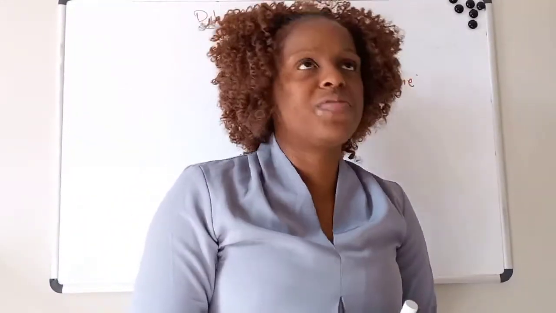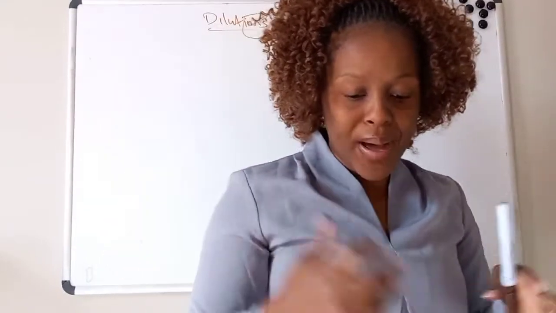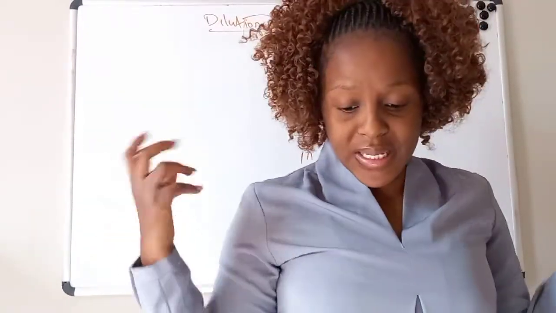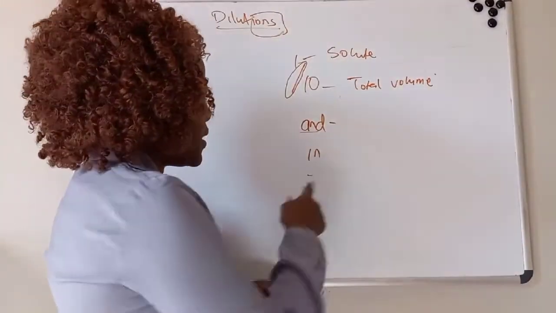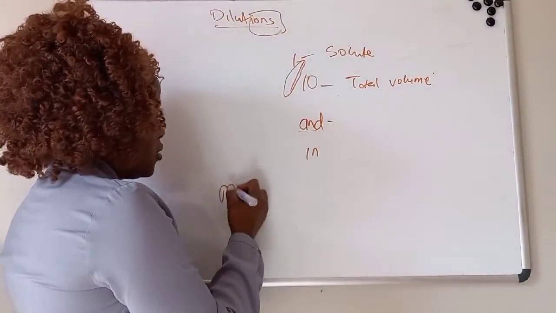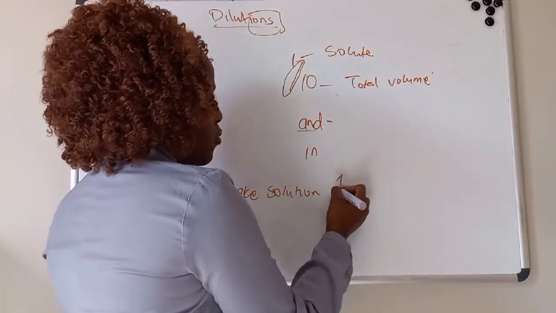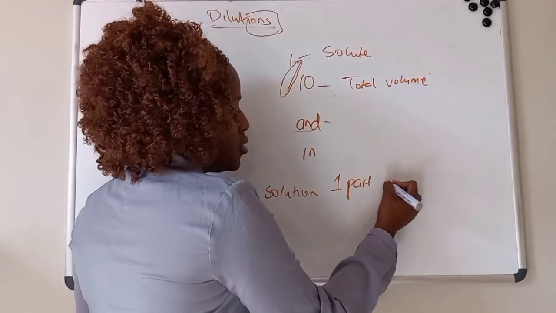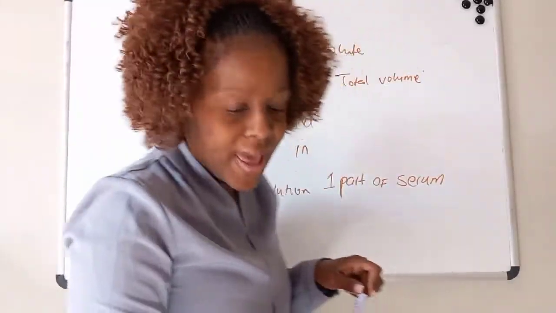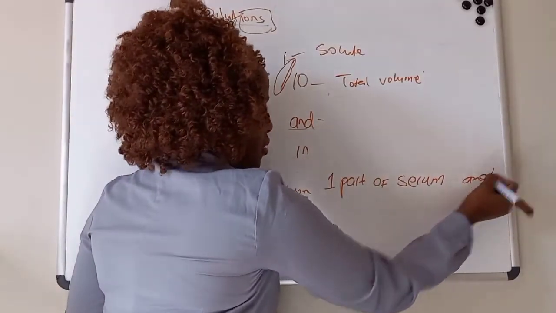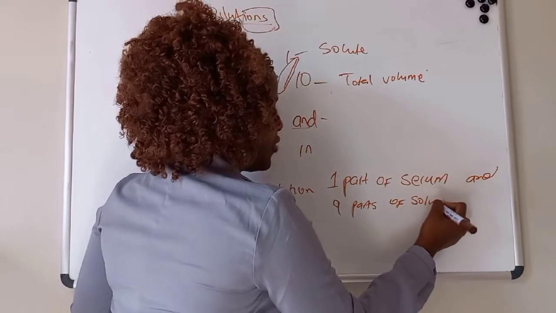For example, if you get a statement that says make 1 part of serum in 9 parts of saline. So they say make a solution using 1 part of serum and 9 parts of solvent.